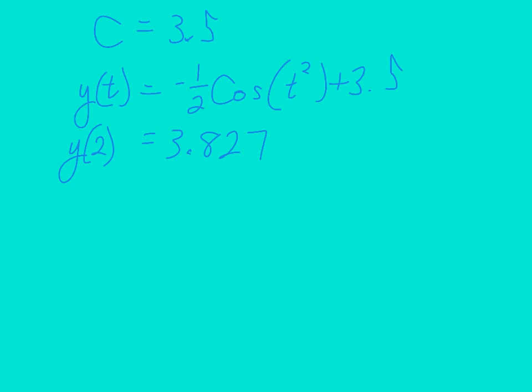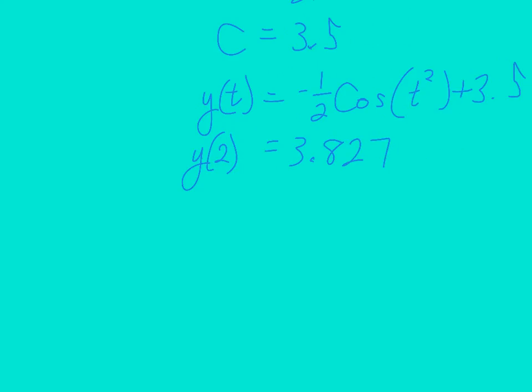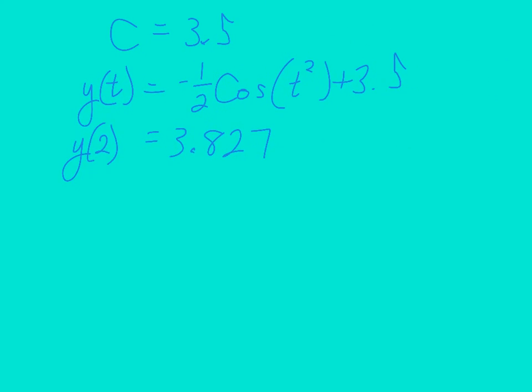Here's another way we can do this on our calculator. Sorry about that. I'm going to put y(2) is like the integral from 0 to 2 of v(t) dt. So that's what we're going to look at.